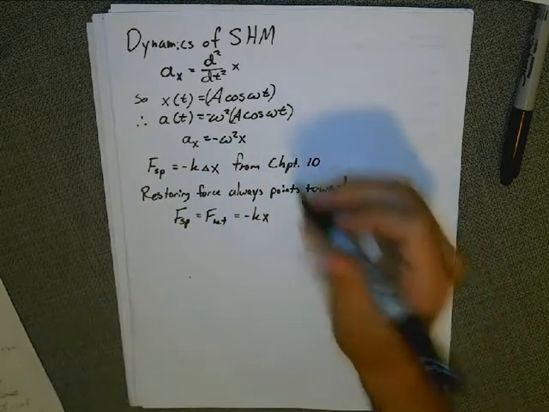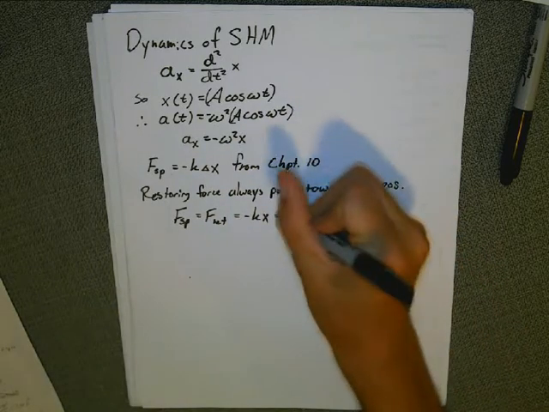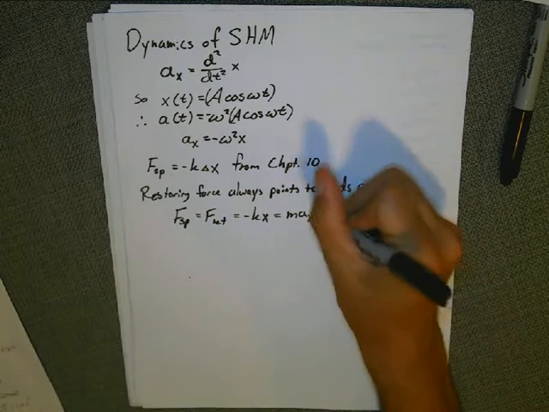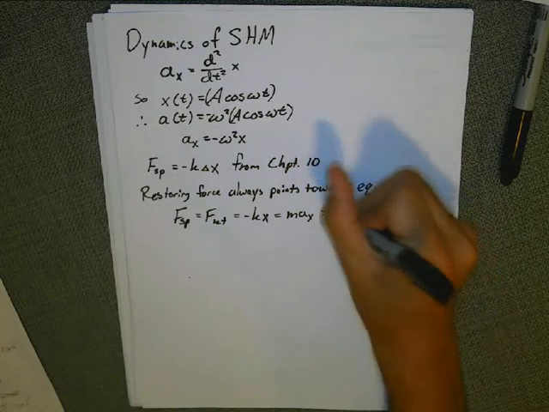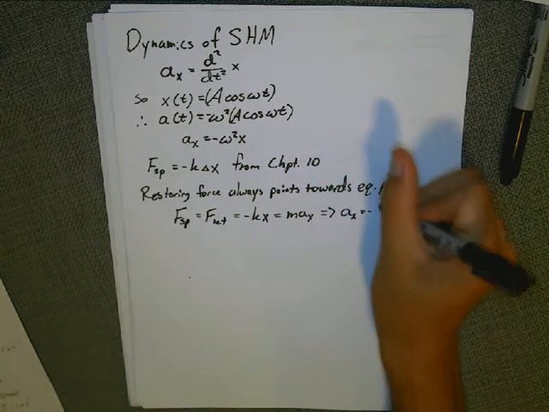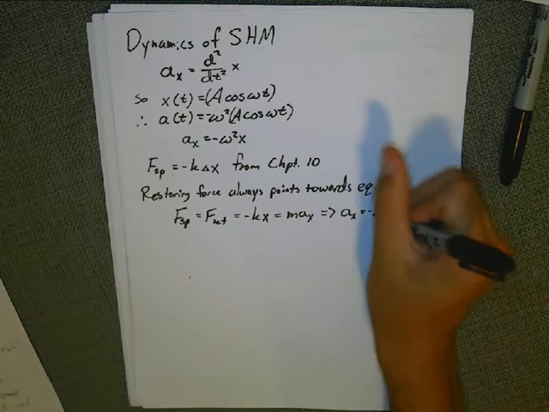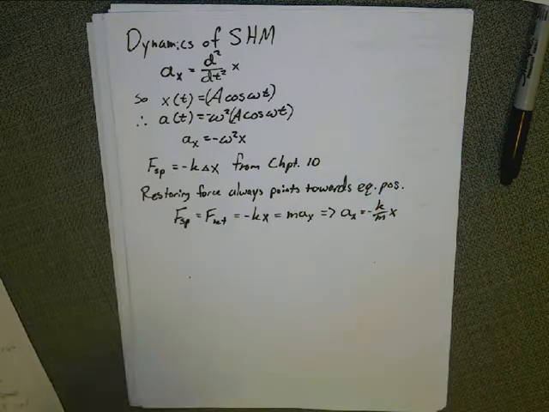And that's equal to m a_x. So therefore, a_x is equal to negative k over m times x.